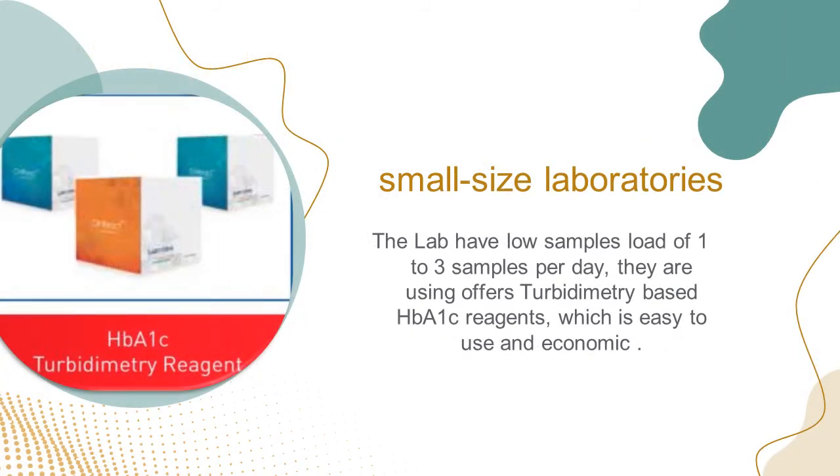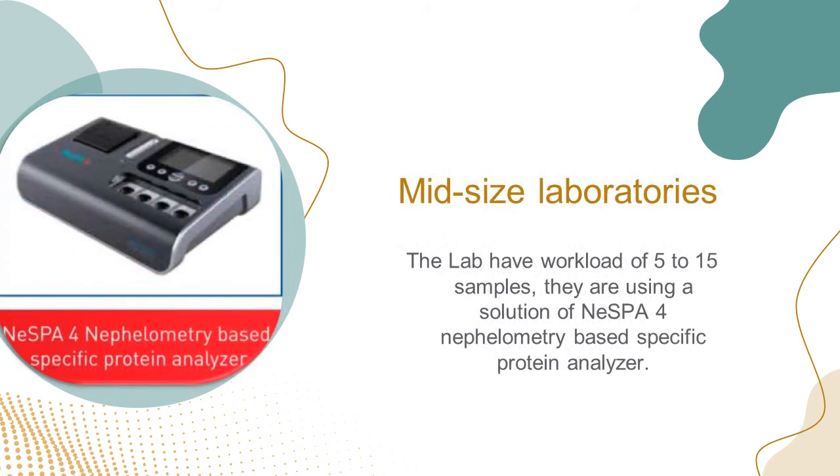Small-sized laboratories: the lab has a low sample load of 1 to 3 samples per day. They use turbidimetry-based hemoglobin A1c reagent, which is easy to use and economical. Middle-sized laboratories: the lab has a workload of 5 to 15 samples.